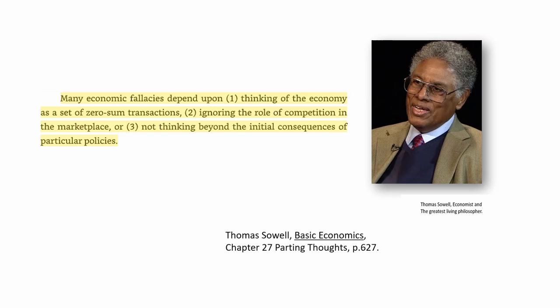Now, Sowell says economic fallacies depend upon thinking of the economy as a set of zero-sum transactions, ignoring competition, or not thinking beyond the initial consequences. So the first thing we're going to do is to get to where we believe that some of the things are a zero-sum transaction. Now, a zero-sum transaction means that I can only benefit if somebody is harmed.